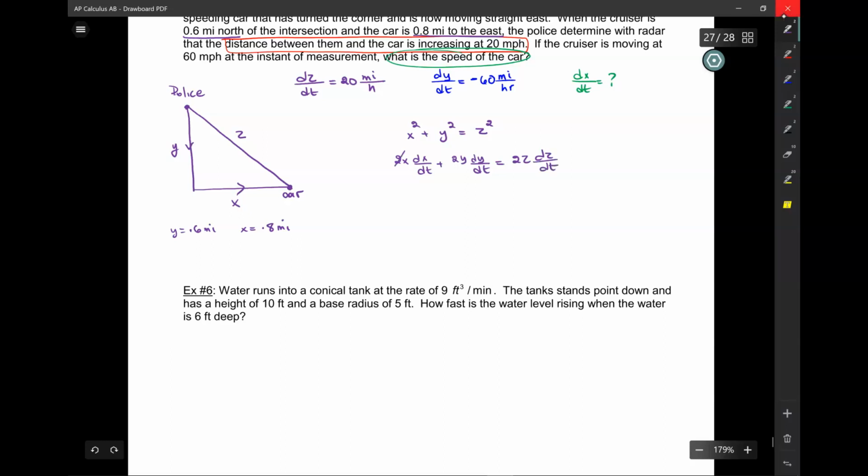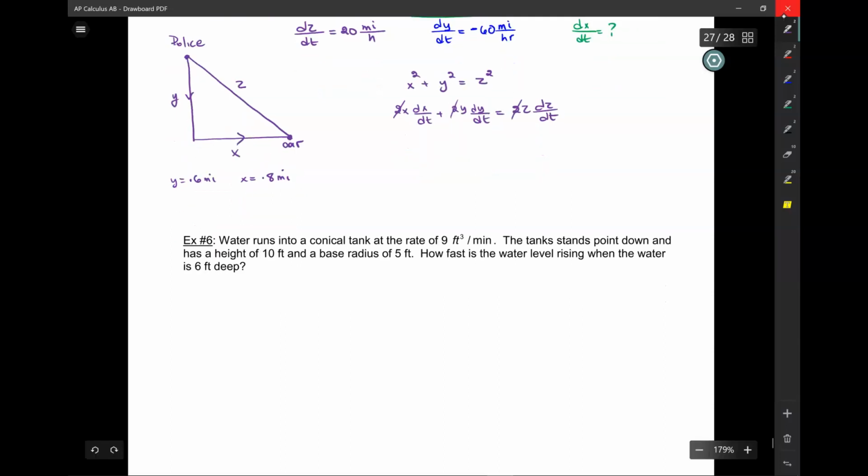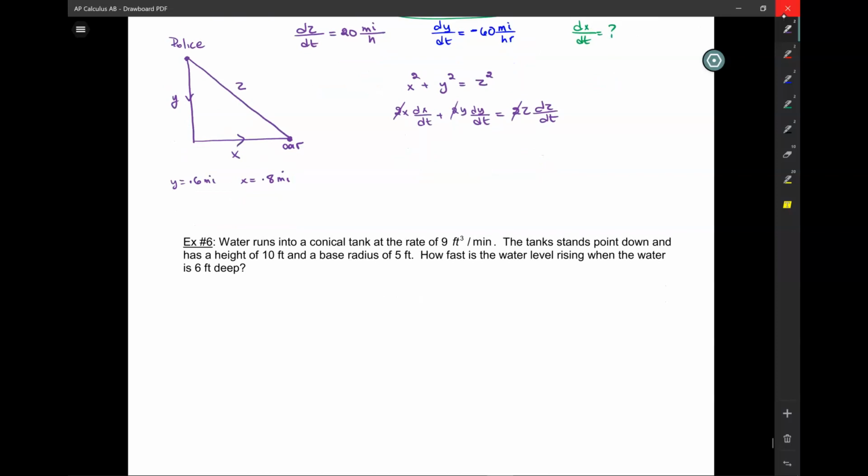Okay, all the 2's go away. Now I need an x, a y, and a z. I have an x and a y, I need my z. So coming back to the information, y is 0.6, x is 0.8. So 0.8 squared plus 0.6 squared is equal to z squared. If it's 6, 8, then it's a 3, 4, 5 triangle or a 6, 8, 10 triangle.